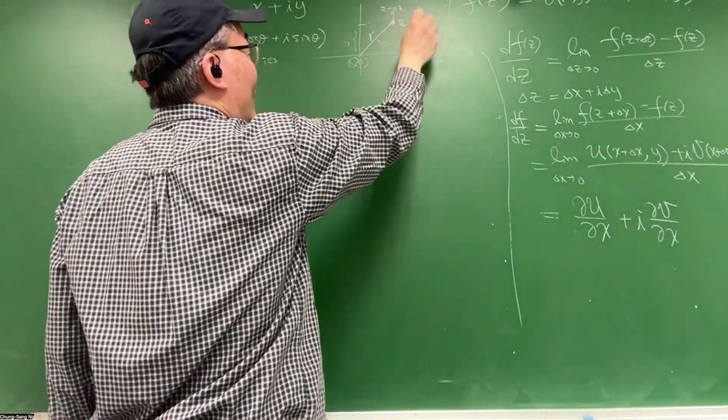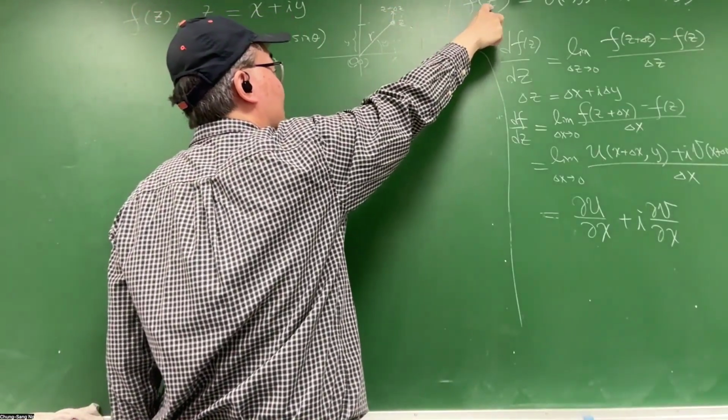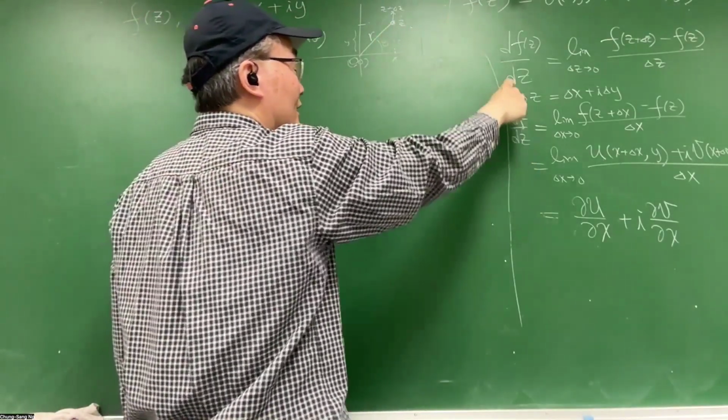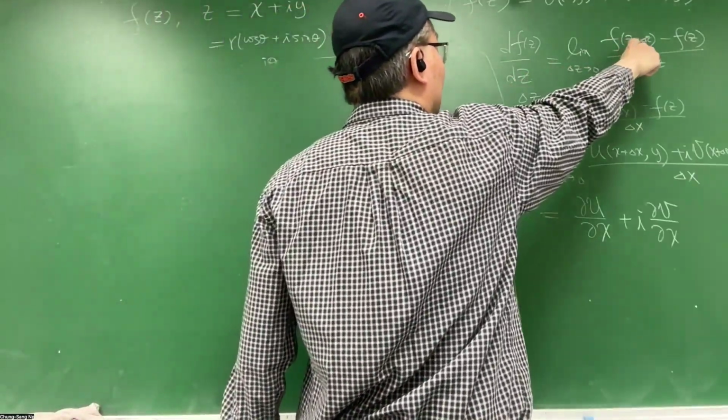This delta z, this z is this point. We want to define the derivative of f at one location, and I just choose this point. But this definition is the same as evaluating the function at z plus delta z.